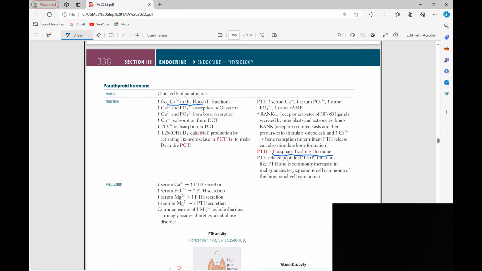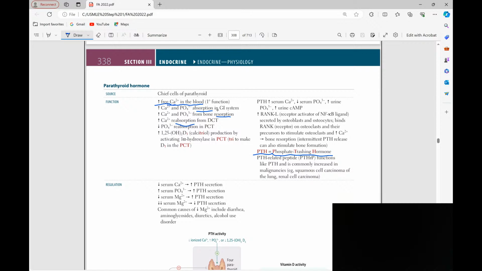The first thing is increase free calcium in the blood, and the second thing is decrease phosphate, as a phosphate tracing hormone. So how will it increase calcium in blood? It will increase absorption, resorption, and reabsorption.